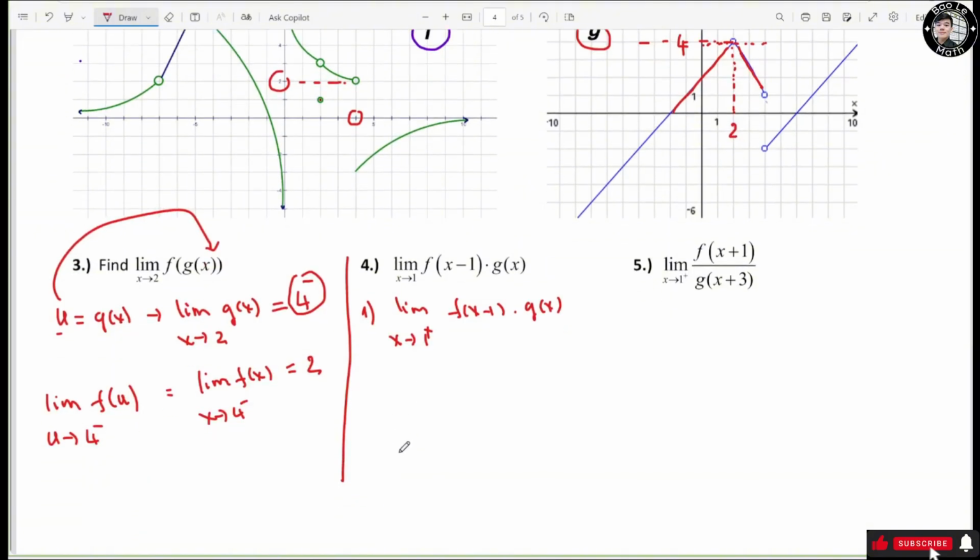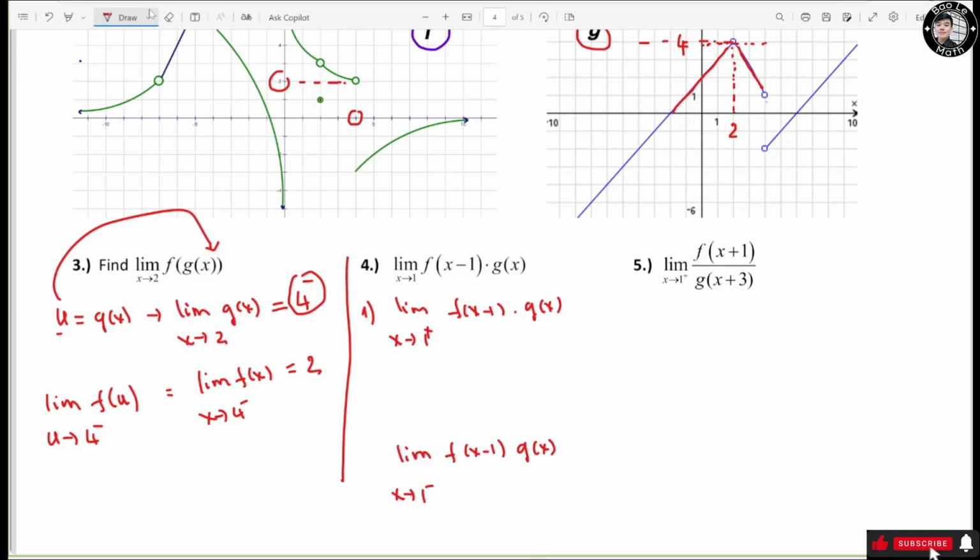And the second one, limit of f of s minus 1 times g of s when s approaches 1 minus, right? If these two guys are the same, then the limit exists, right? Now, this guy right here is the product of two functions.